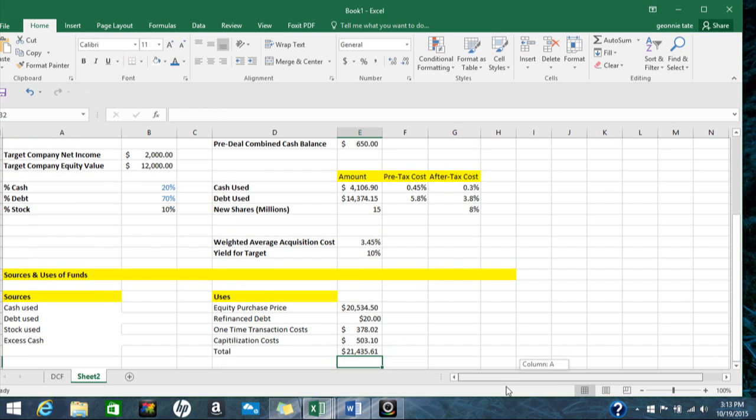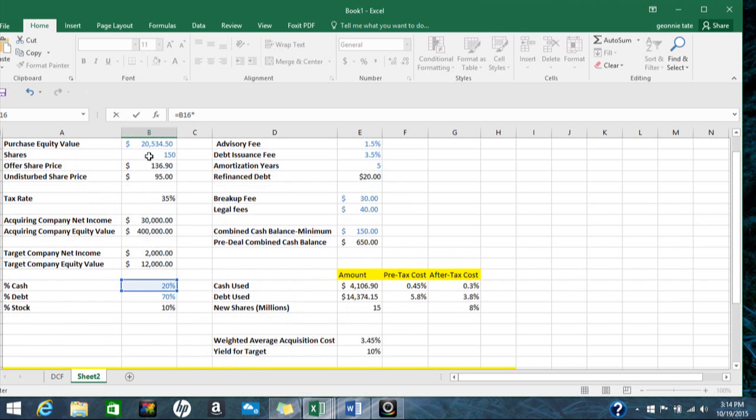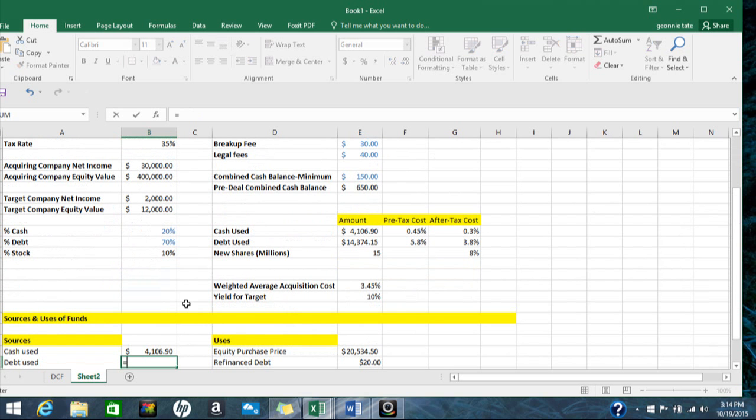Now we go over to our sources side. For cash used, we're going to use the percent of cash used times the equity purchase value. I'm going to do the same for debt.